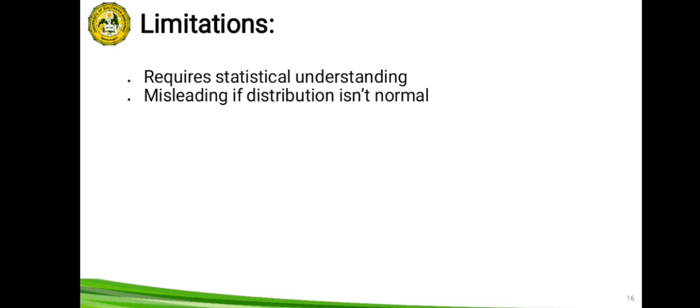The second limitation for standard scores is that it is misleading if the distribution is not normal. So the standard scores assume that the test scores follow a normal or bell curve distribution, wherein most of the students are around average and fewer are very high or very low. So if the test results are skewed or not bell-shaped, the standard score can give a false impression of performance.